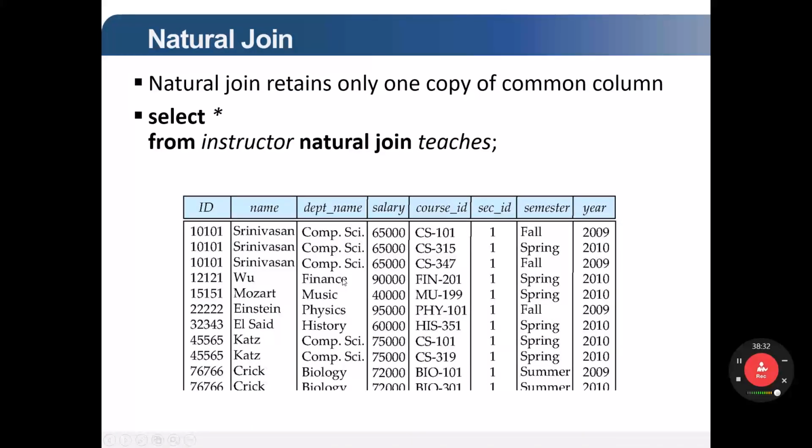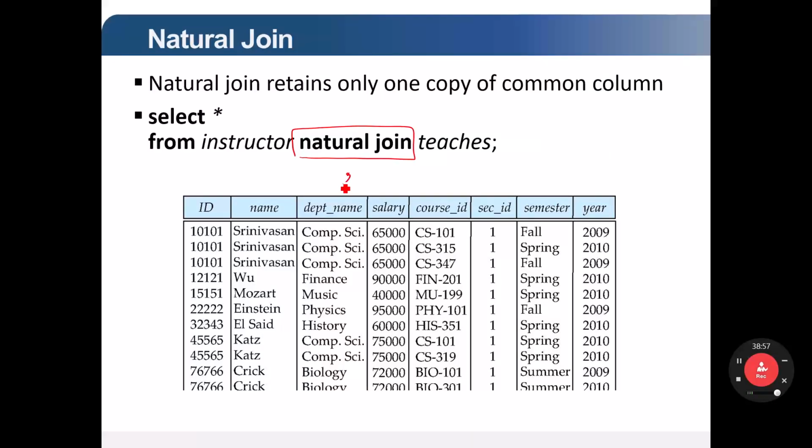Okay. The natural join operation is so commonly used in relational DBMS, and therefore people came up with an operator for it. So instead of having this where predicate, you can simply put the natural join operator between the 2 table names.